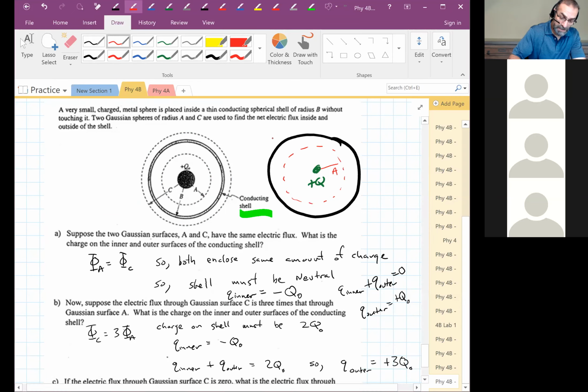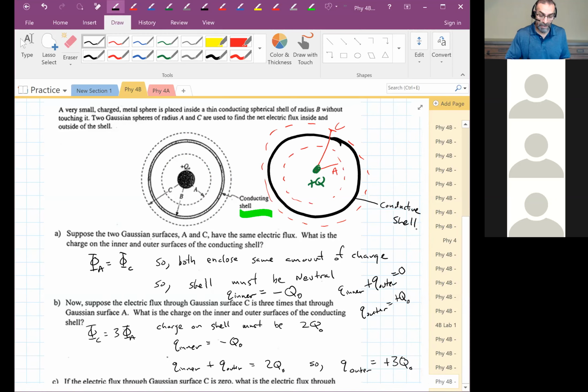And then there's another Gaussian surface outside of that. So if we know the flux through A is the same as the flux through C, we should know that they both contain the exact same amount of charge, right? This is all based on flux equals Q in over epsilon naught, right?